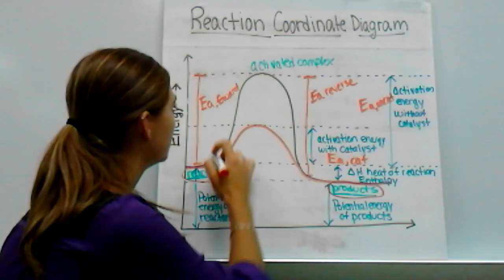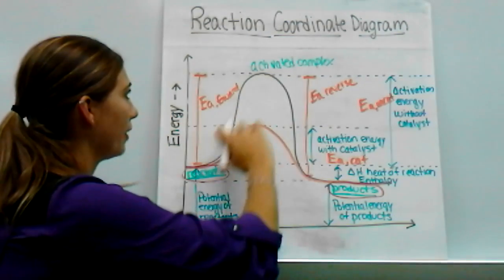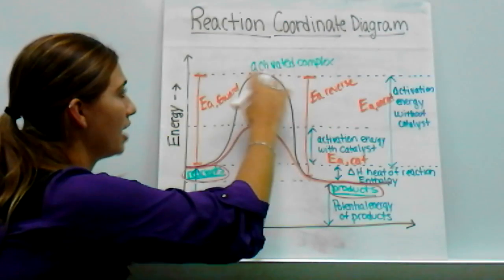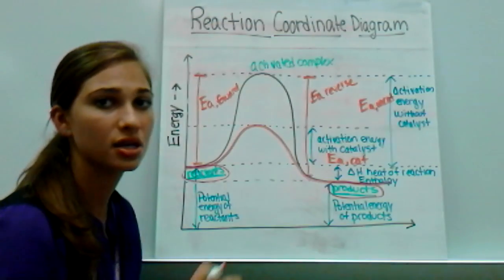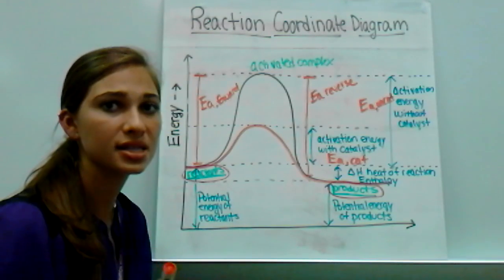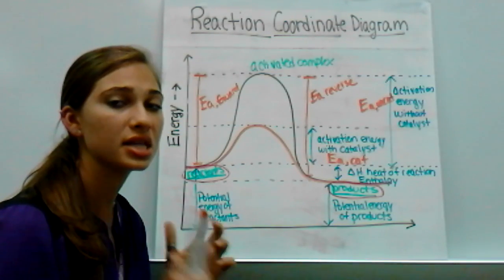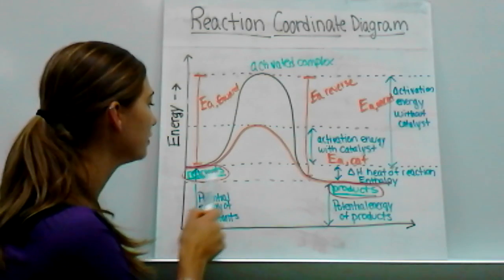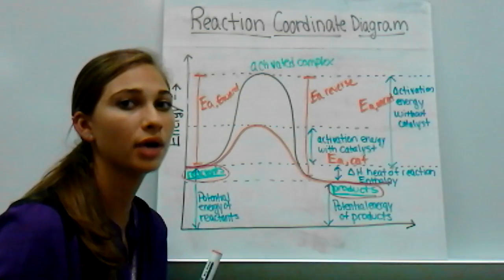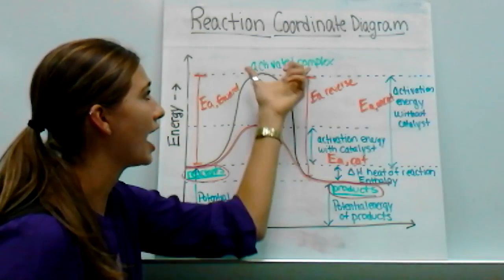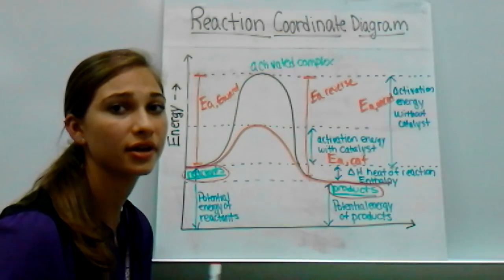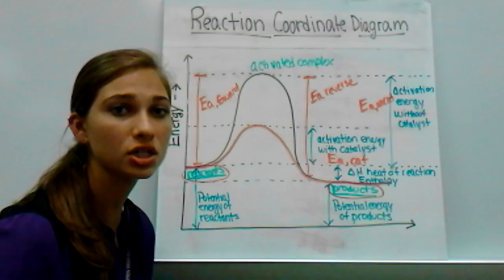So once we get all the way up here, at the top of this loop, it is called the activated complex. The activated complex is a substance that is created that's not our reactants and it's not really our products. It's kind of an in-between substance. No one knows what the activated complex for a chemical reaction actually looks like.